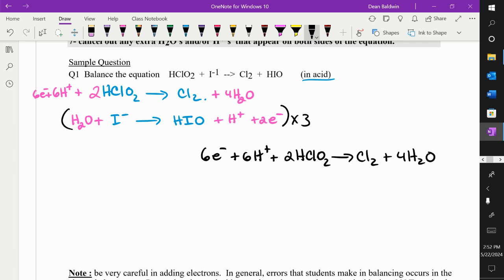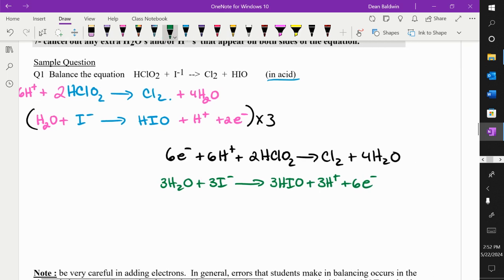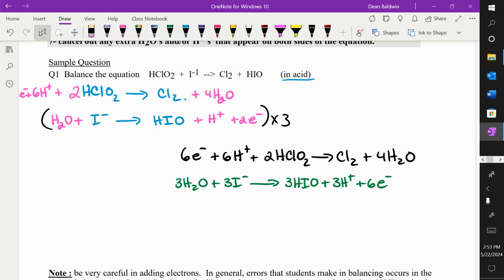And on the bottom, I multiply everything by 3, and I get 3 waters, 3 I minus. Everybody with me?